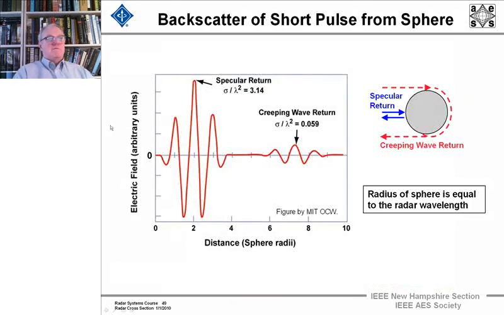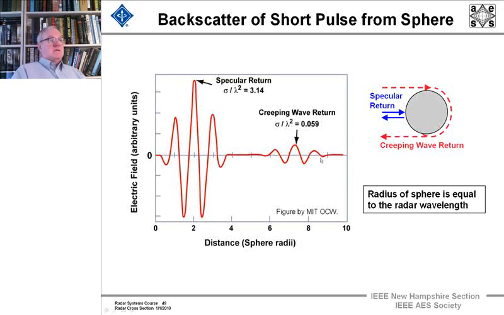Now, this is from work done by John Reinstein and published and shown just about in every textbook as an example of a creeping wave. Here's the electric field in arbitrary units and distance from a sphere of radius. And these units are 2, 4, 6, 8, and the distance in sphere radii. And here you see the specular return.